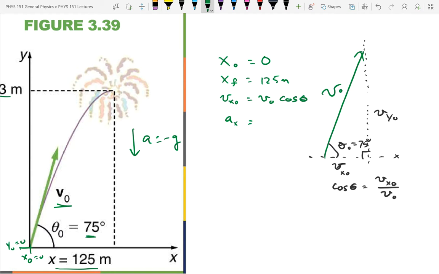It's kind of redundant to have the arrow down and a minus sign, but I do it. So in the horizontal direction, how much is that? 0. So I have my initial and final positions, the initial velocity, but I don't know V0. That's what I'm going to be looking for. And I have the acceleration. There's only one other kinematic variable we use. What's that? The time is the one other variable we use.